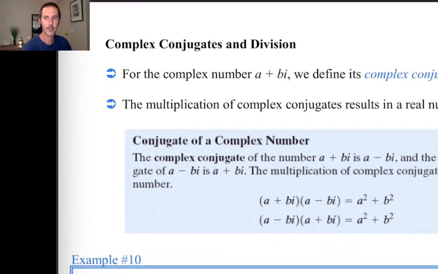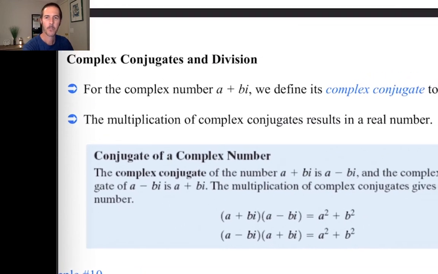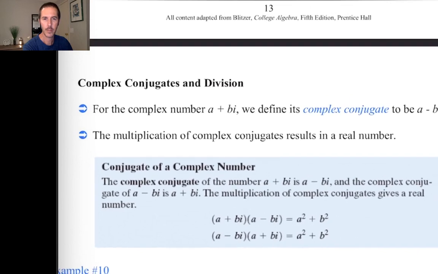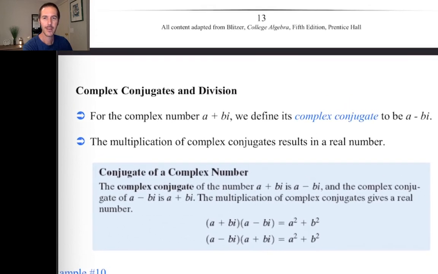Complex conjugates and division. For every complex number, a plus bi, it has a complex conjugate, a minus bi. The only sign that changes is the one in the middle, from a plus to a minus or vice versa.